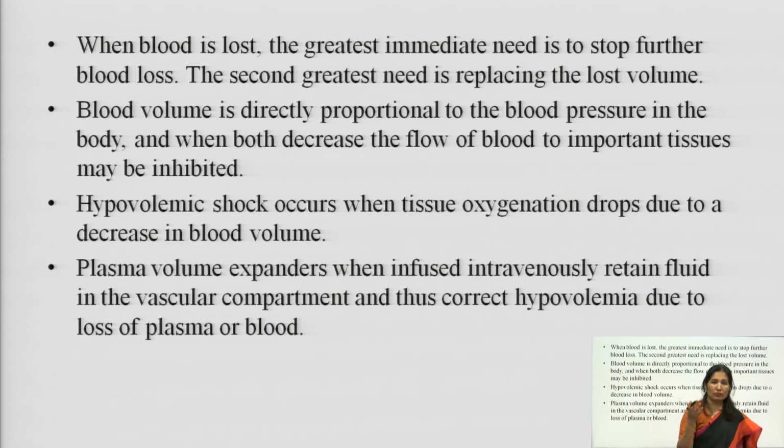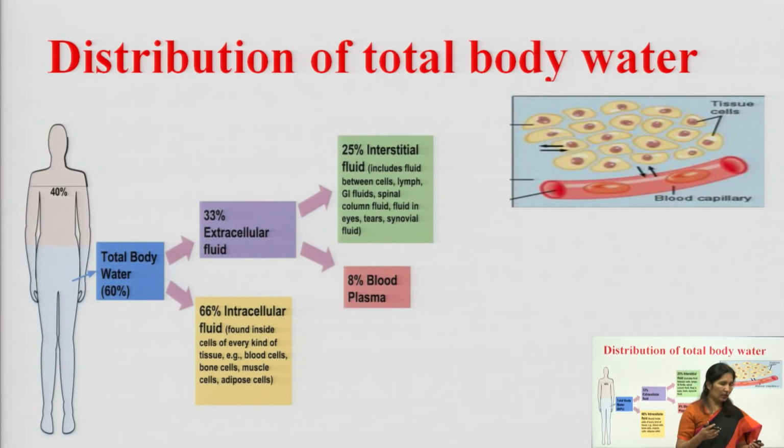Increase in blood volume will increase the blood pressure, increase in blood pressure will result in increased perfusion of the tissue, oxygen supply will be improved, and thus the patient will not go under shock. To understand this, we first need to understand the distribution of total body water.